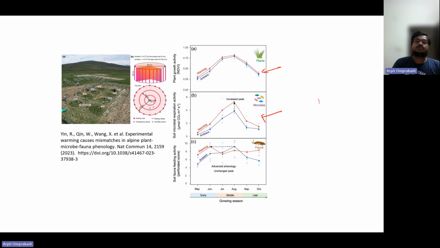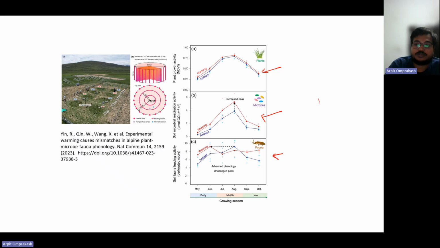And then when you look at the growing season for insects, for fauna, due to warming there's a slight mismatch. Instead of flourishing around August, the fauna increase a lot during June and then drop off.